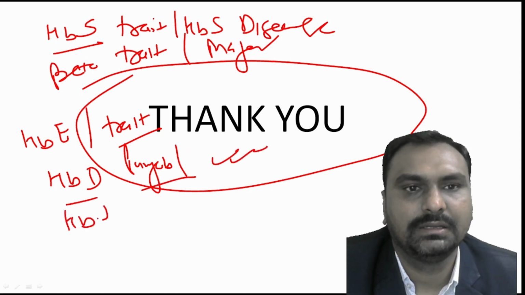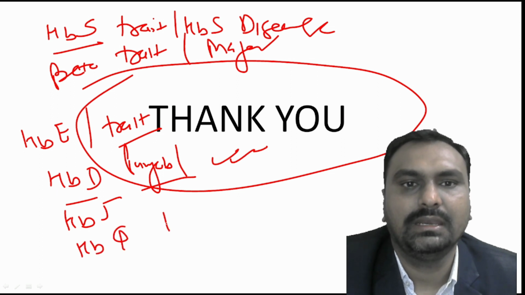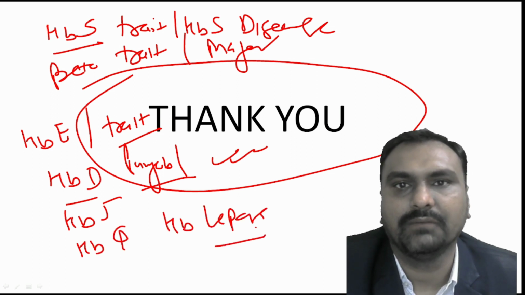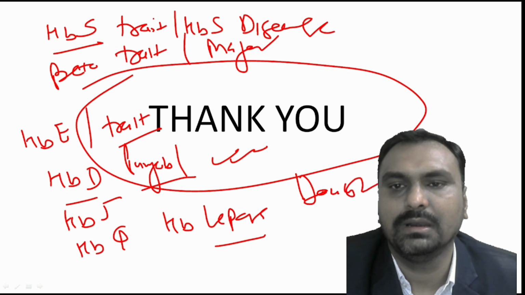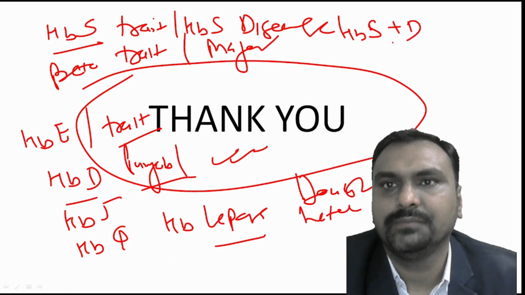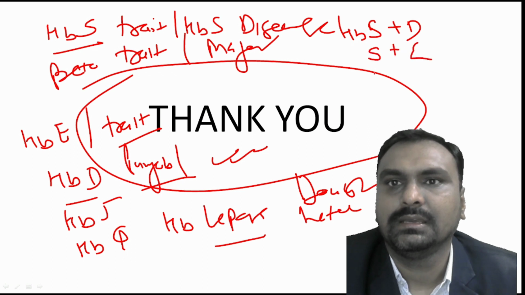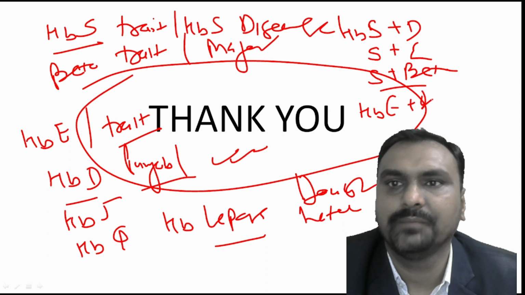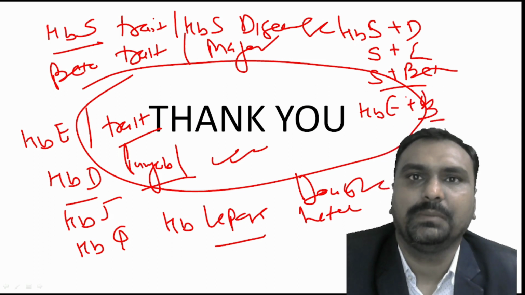There will be HbJ Meerut, HbQ India, and Hb Lepore, and double heterozygous conditions like HbS plus D, HbS plus E, HbS plus beta thalassemia, and HbE plus beta thalassemia. So you have to keep all this in mind.